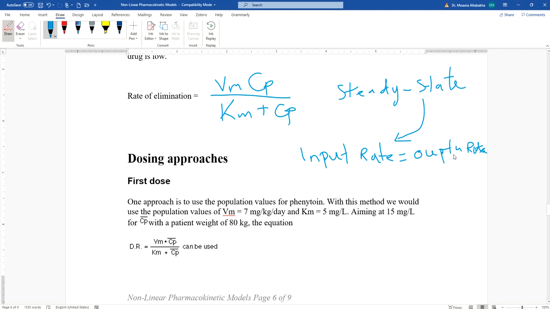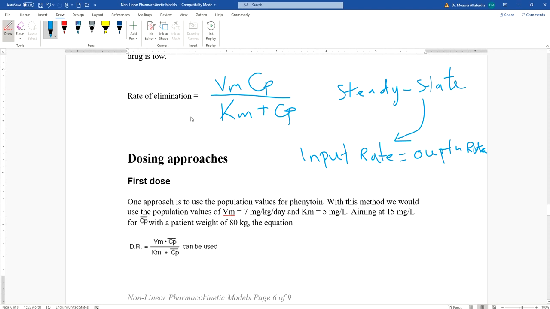Remember that in multiple IV bolus administration, the dose we give at steady state gets eliminated during the time interval. The same case applies here. So at steady state, the dosing rate that we give will be equal to the output rate, which is the rate of elimination.